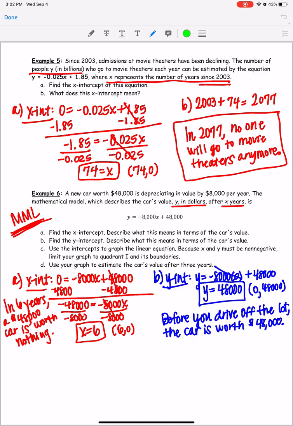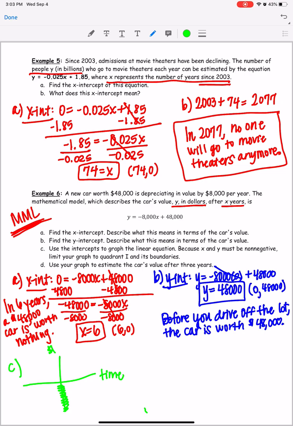Part C, use the intercepts to graph the equation. Because x and y are both non-negative, limit your graph to quadrant 1 because of its boundaries. So if this is your graph here, and you have your time down here, and the worth here, this car, even though technically it could cost you money, you could have to change the oil or fix the engine, it's technically never going to cost you money.